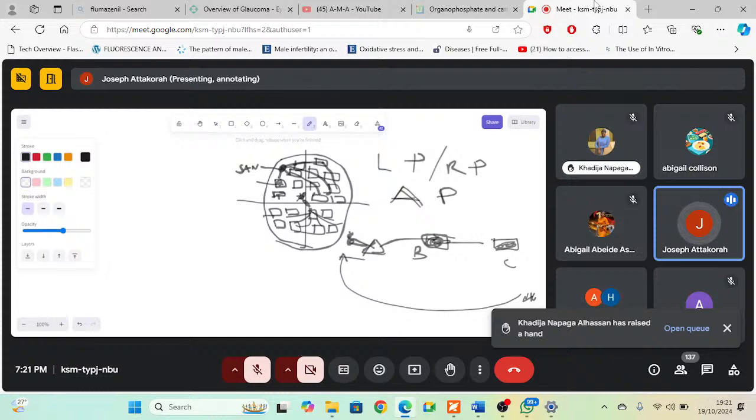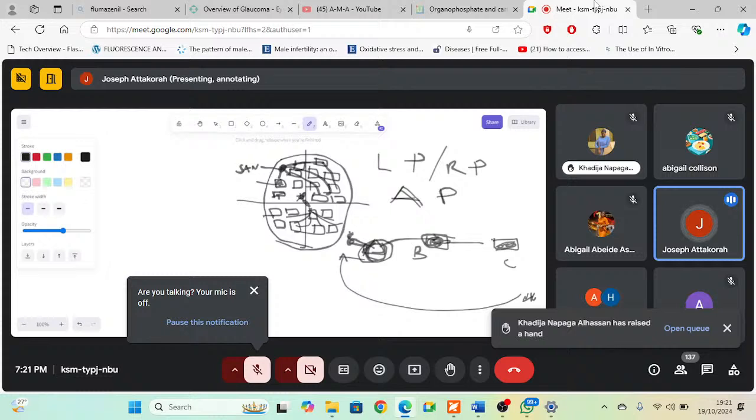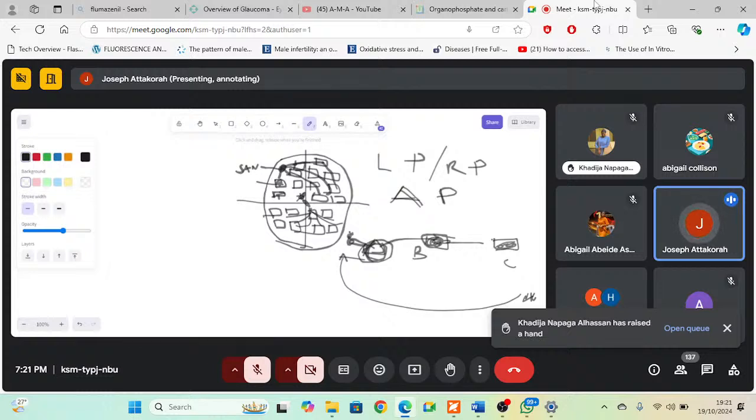That means these myocytes will not be able to receive any impulses from either B or the sinoatrial node unless the cycle is completed.